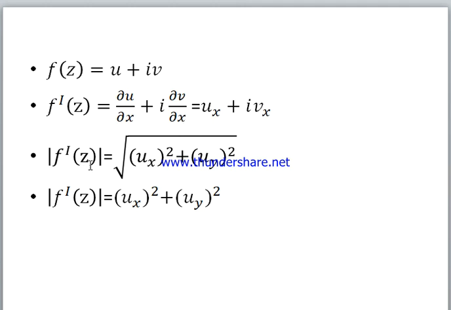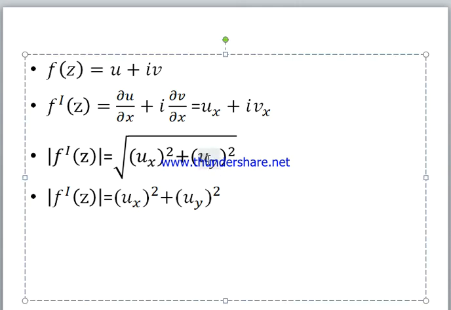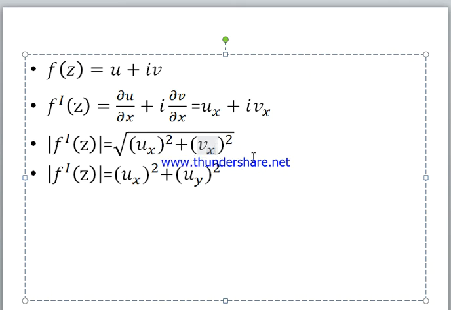So modulus of f dash of z is equal to under root of ux whole square plus vx whole square.